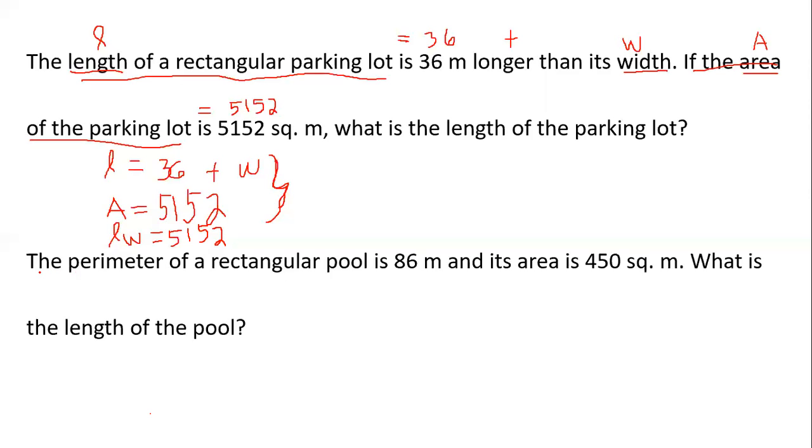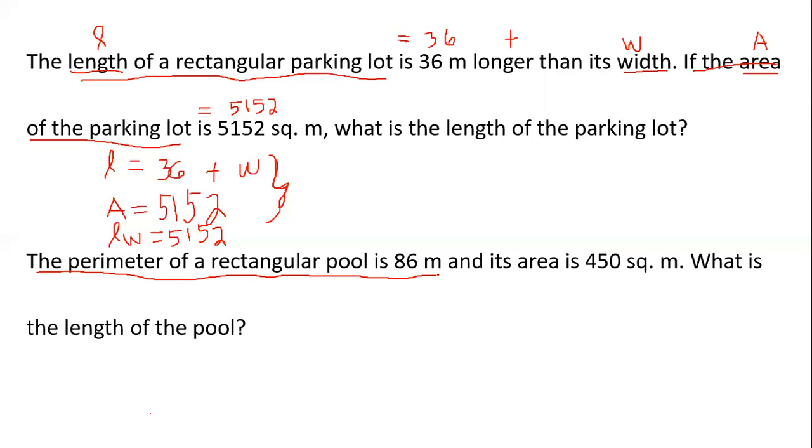Kung mapapansin po ninyo doon sa una po nating sentence, ginamit po natin yung buong sentence. Pero dito po, ang ginamit po natin ay isang phrase. Bakit po? Kasi po, yung phrase na yan, it could stand on its own.